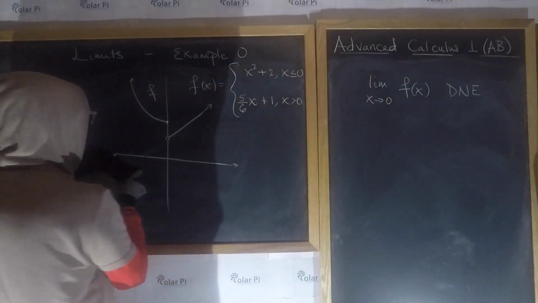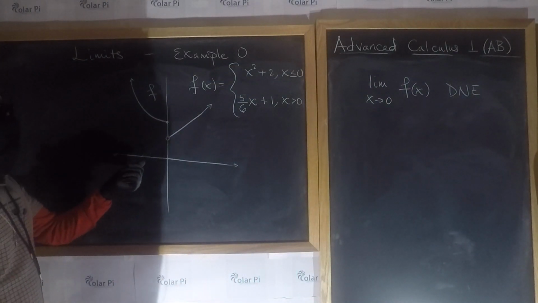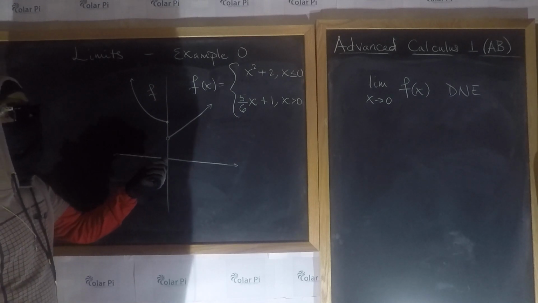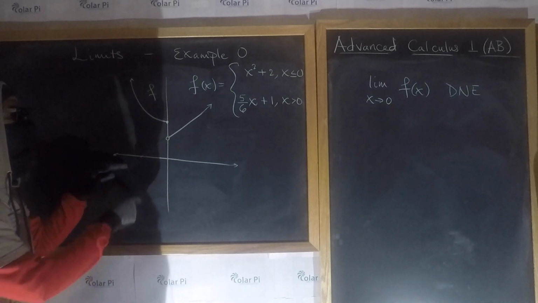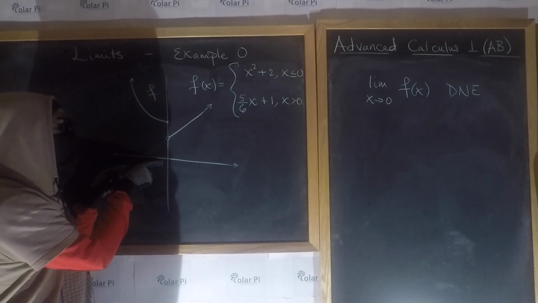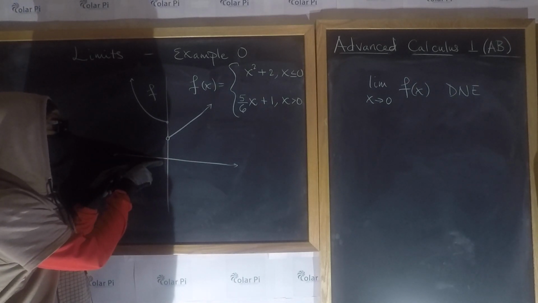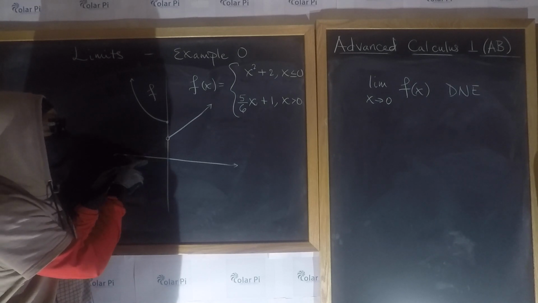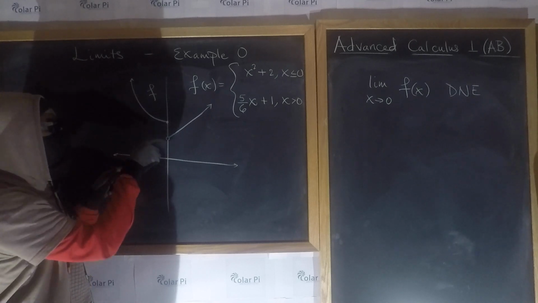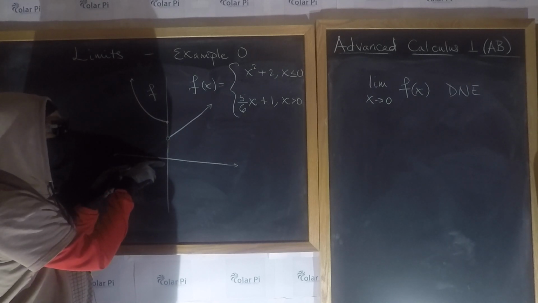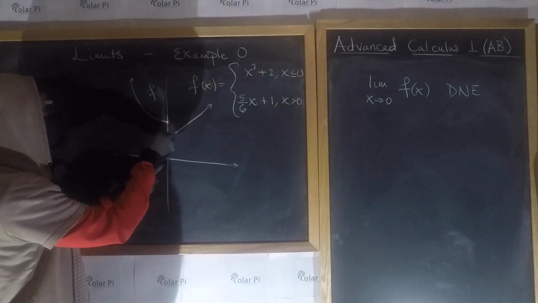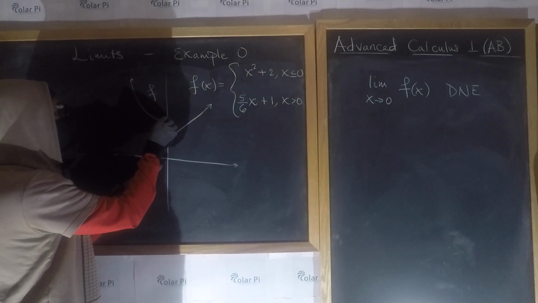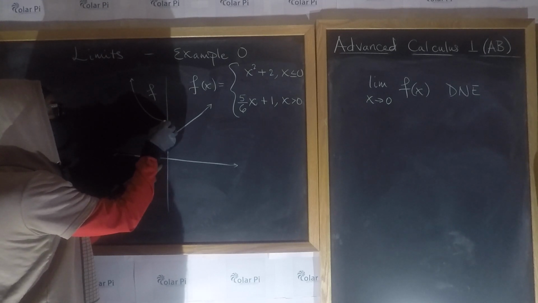And that's because if we get close to x equals 0 from the left, approaching it by picking numbers like negative 0.00009 and then getting closer and closer, as x goes to 0 from the left, the y values are getting closer and closer to whatever y value this is.